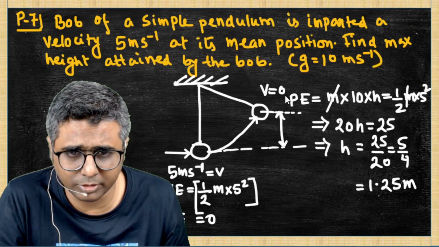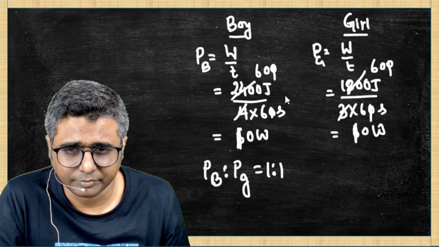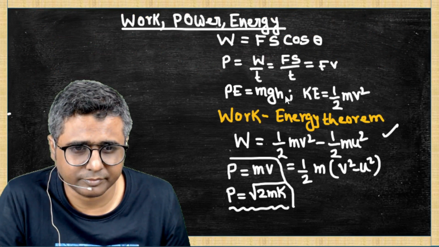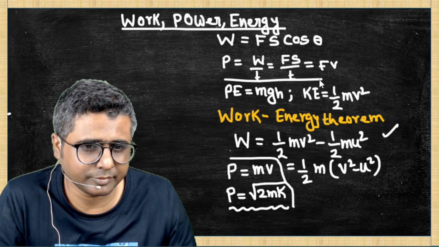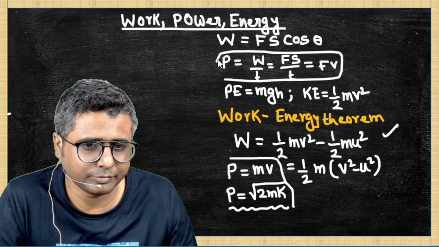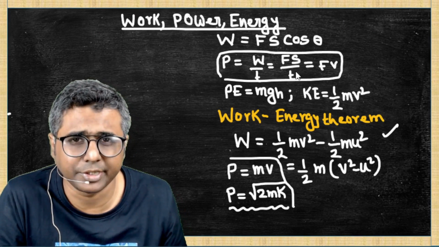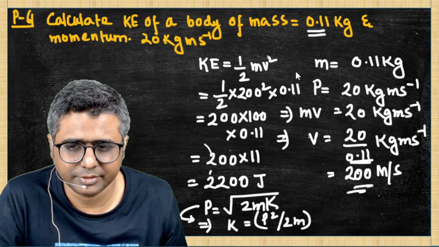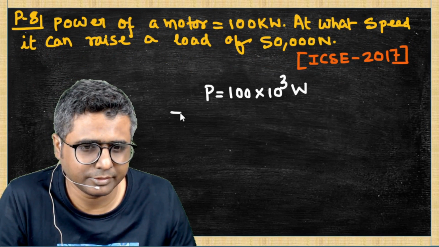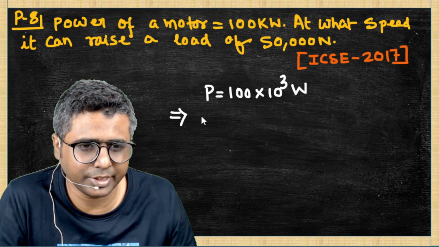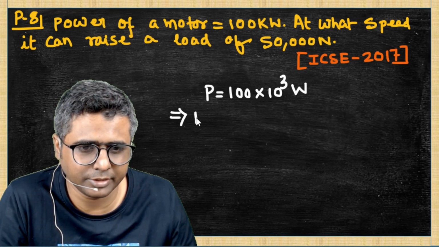Okay, let us go into our formula sheet. We have already discussed this. Power is equal to force into velocity or speed, right? Force is known to me, 50,000 Newton.